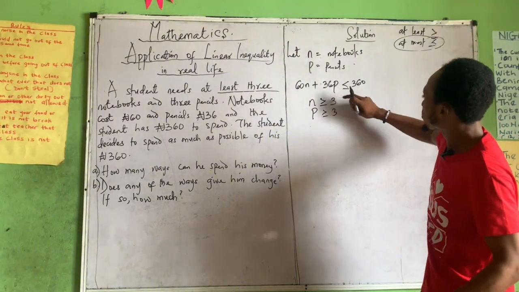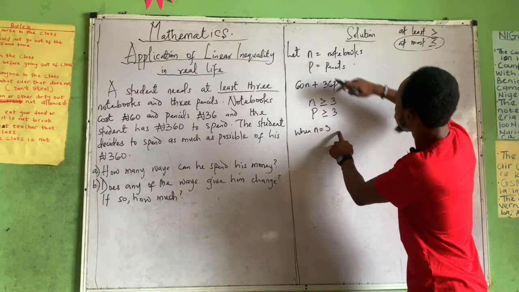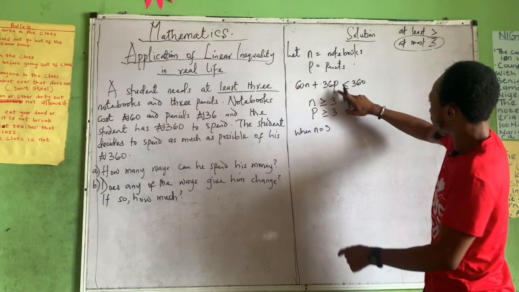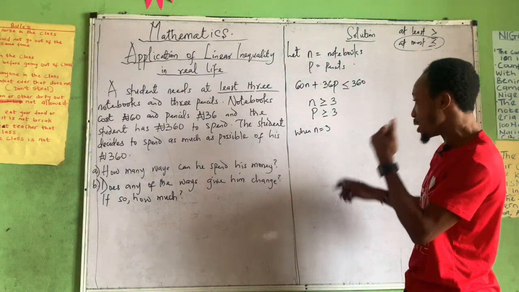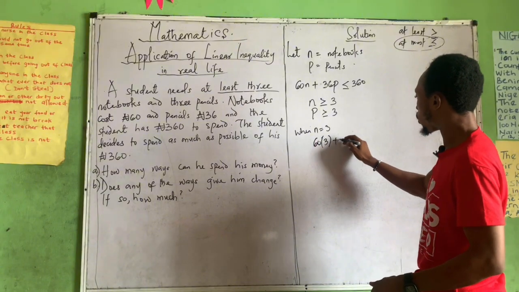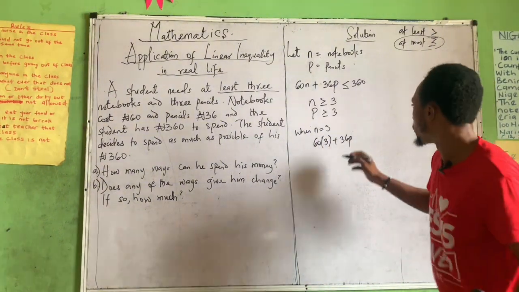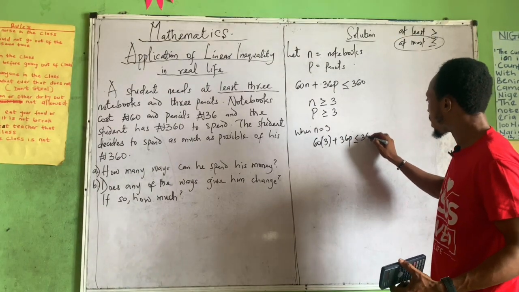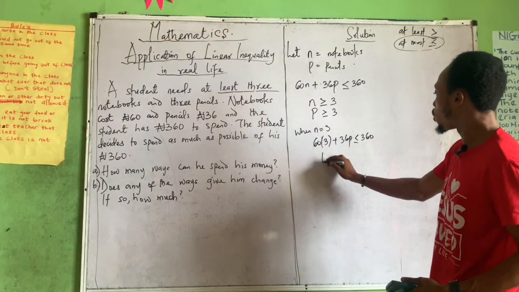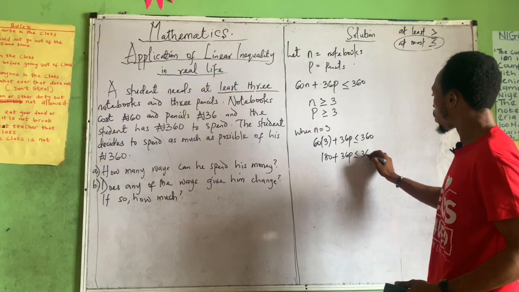So when n equals 3, let's put n equals 3 in this equation, and let's get p, the number of pencils when he buys 3 notebooks. So 60 open bracket 3 plus 36p is less than or equal to 360. This gives us 180 plus 36p less than or equal to 360.